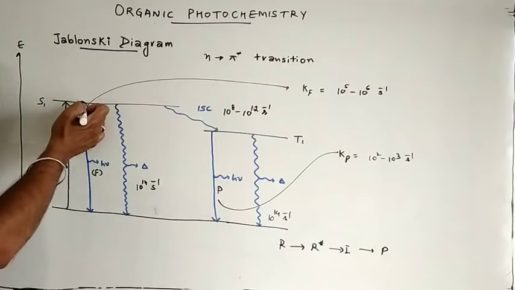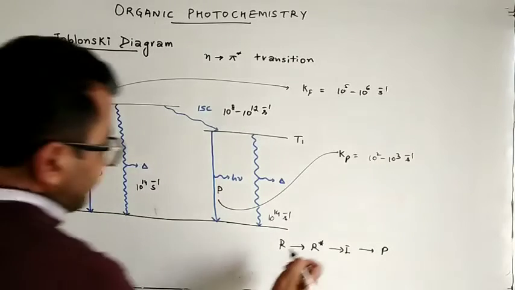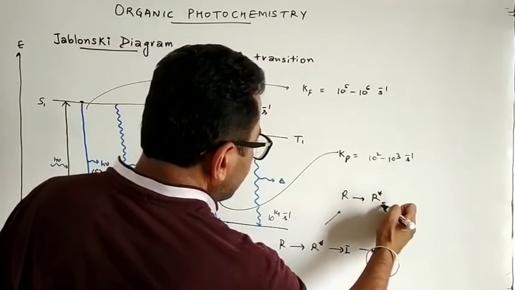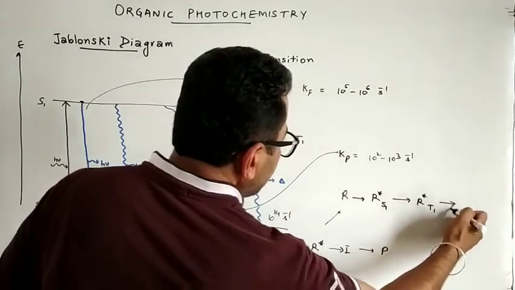Either we have an R star here, and that R star may change into the triplet state, like R changes into R star singlet, then into R star triplet, then it changes into I, then into product. That is also possible. That depends upon the energy gap. So you can also write it like R, R star S1, R star T1.